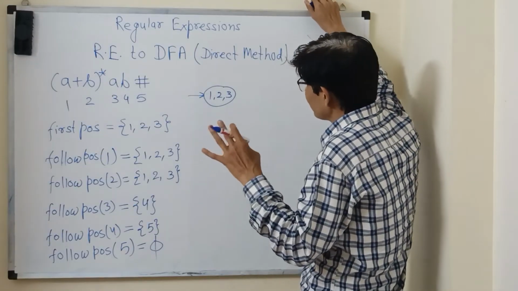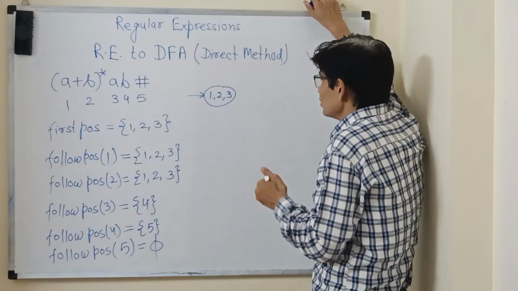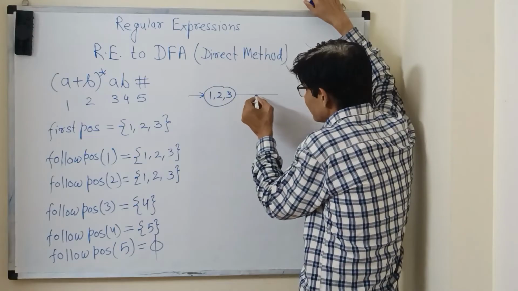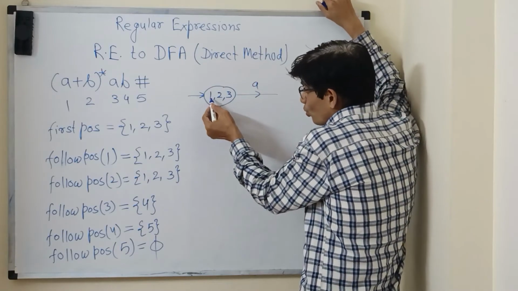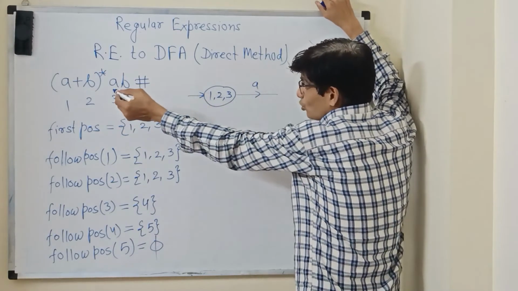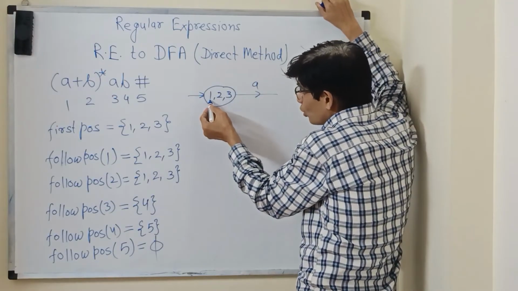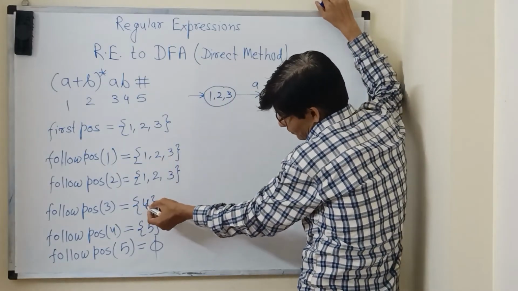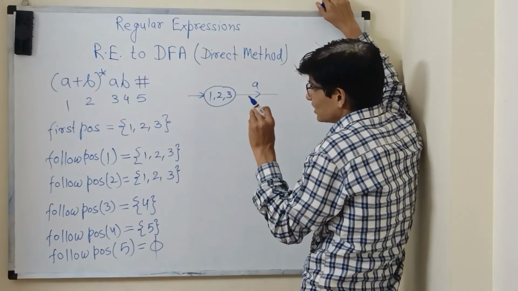The followpos of 1 is 1, 2, 3, and the followpos of 3 is 4. So the union of these two would be 1, 2, 3, 4.